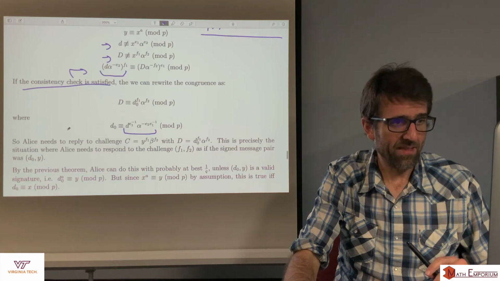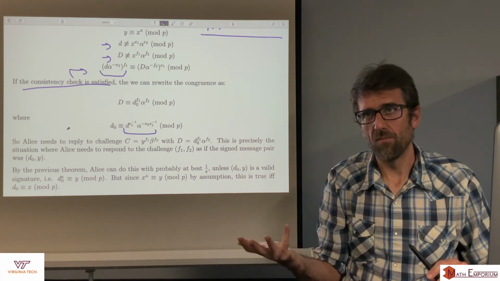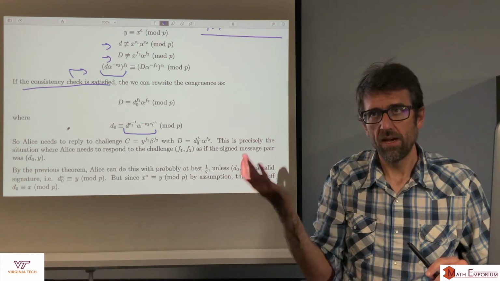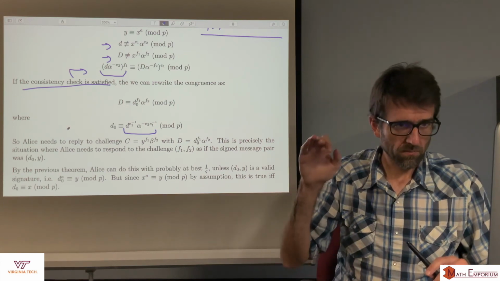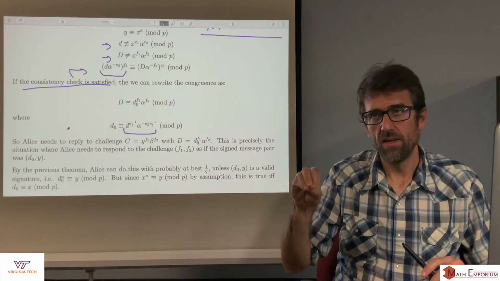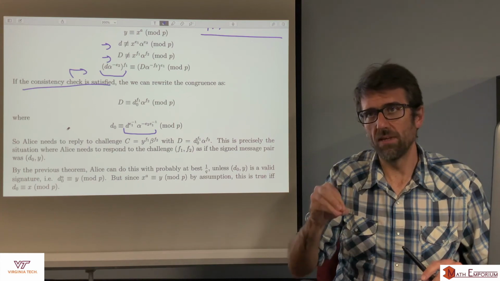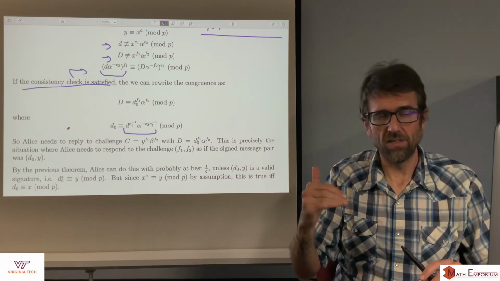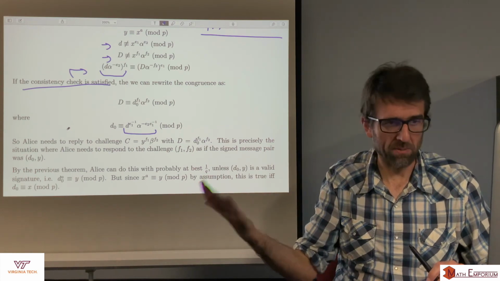But the actual signed message wasn't d naught y, it was x y. And so we saw that Alice can only give a valid response that would work for a given signed message with very low probability, unless that signed message was actually the message that Bob received.